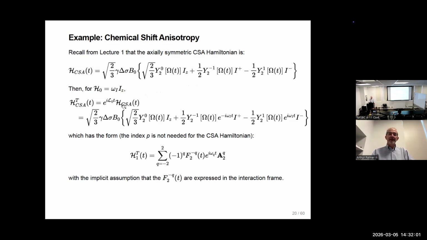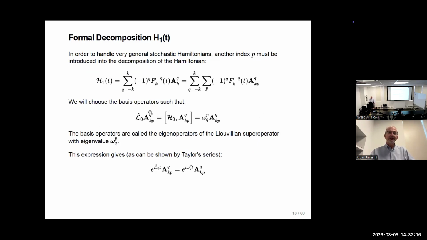So then we have to do this transformation. So if L naught is dominated, for each operator, we just need to know what its characteristic frequency is.